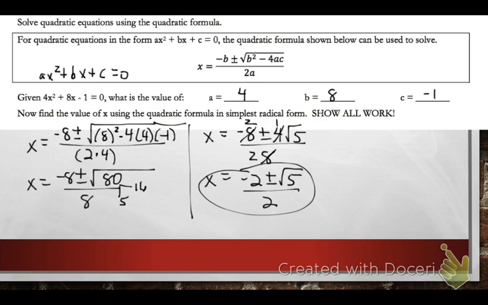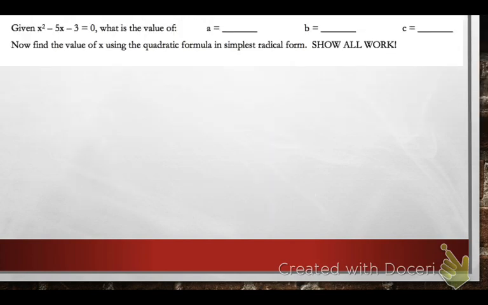Alright, let's try another. So we're solving x squared minus 5x minus 3 using the quadratic formula. So let's pick out a, b, and c. So the understood number in front of x squared is 1, our b value is negative 5, and our c value is negative 3.